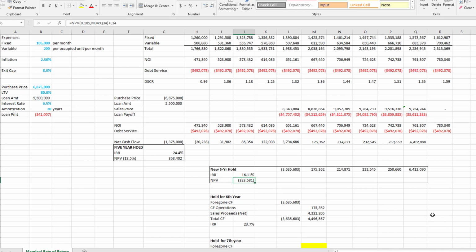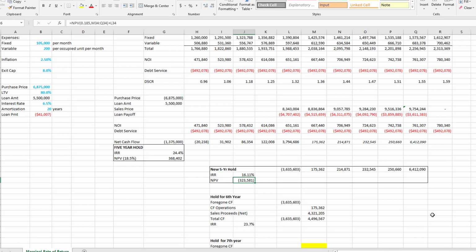Now let's change our viewpoint real quickly and look at this as a rebuy or repurchase analysis. Instead of looking at what the next buyer's returns would be, this is in effect looking at what our returns are for the next 5 years, years 6 through 10.